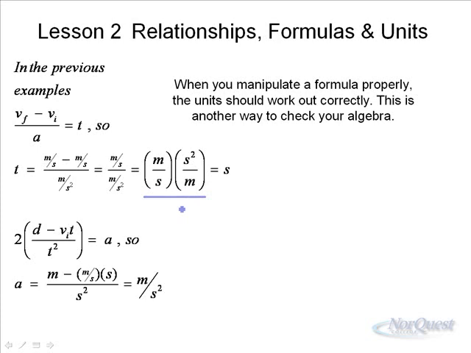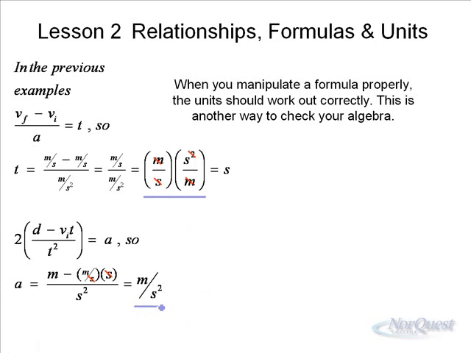Same thing with the bottom. If we have 2 times (d minus v_i t) over t squared, the 2 has no units, but d is meters. v_i is meters per second, but when we multiply that by a second, the seconds cancel. We're left with meters minus meters over second squared, or again, meters per second squared.